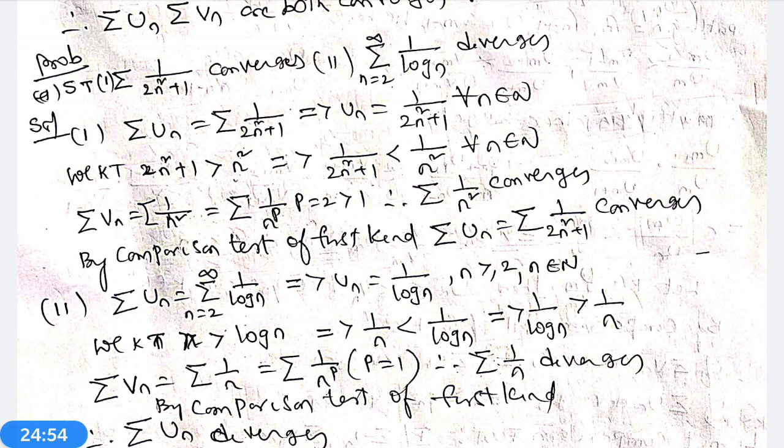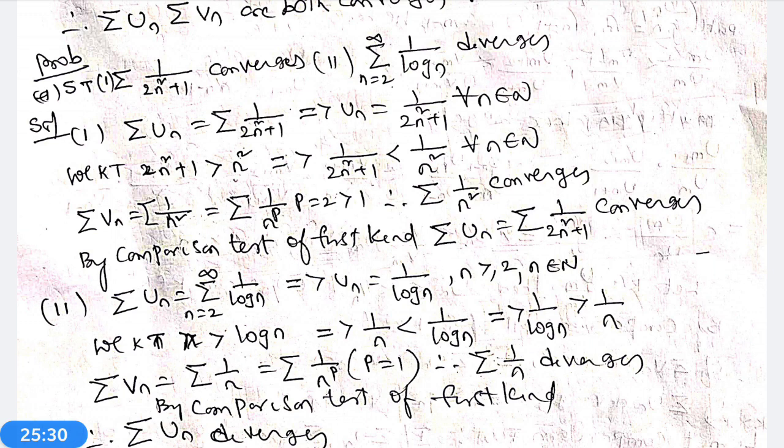This implies 1 by 2n square plus 1 is less than 1 by n square for all n belongs to N. Let sigma vn be sigma 1 by n square, which is sigma 1 by n power p, where p is equal to 2, and 2 is greater than 1. By auxiliary series test, sigma 1 by n square converges. Therefore, by comparison test of first kind, un is less than k vn.